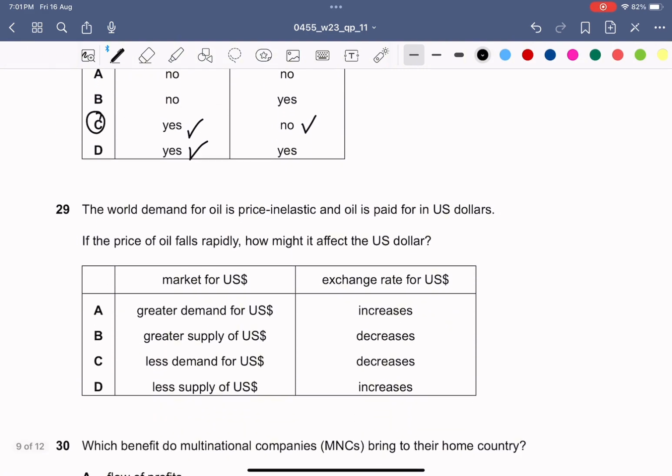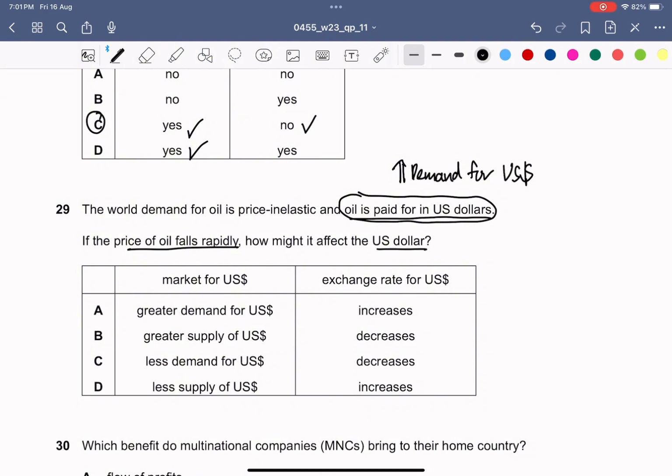29. The world demand for oil is price inelastic, and oil is paid for in US dollars. If the price of oil falls rapidly, how might it affect the US dollar? So when we say oil is paid for in US dollars, this will increase the demand for US dollar because everyone needs to pay in US dollar in order to buy oil. So right now we can draw a demand curve for US dollar.